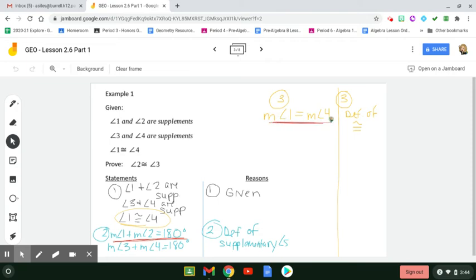I can put those two things together and substitute the measure of angle 4 in for angle 1. The reason I might want to do that is because eventually I want to arrange things so that I can get a statement saying that angle 2 and angle 3 are equal to one another.